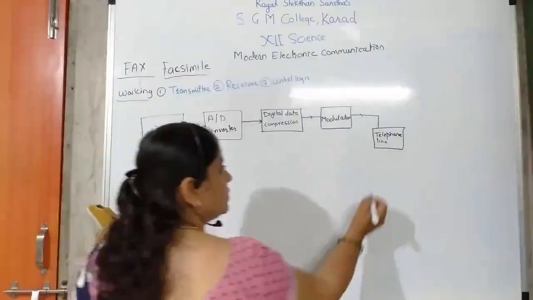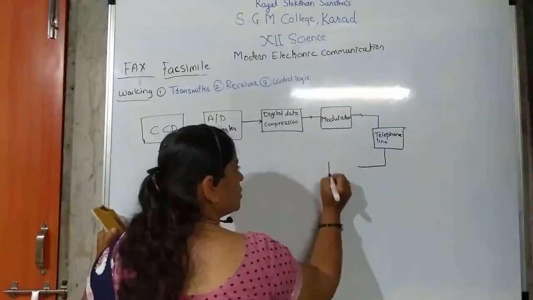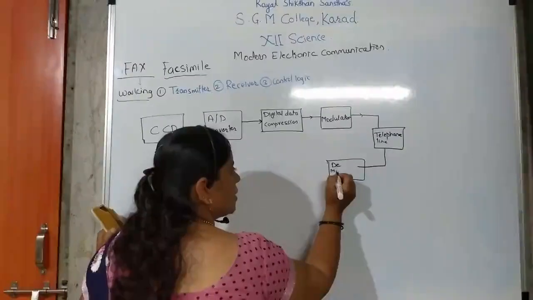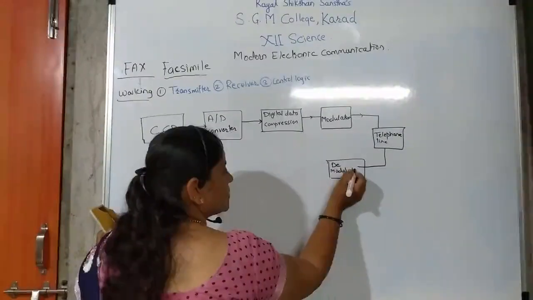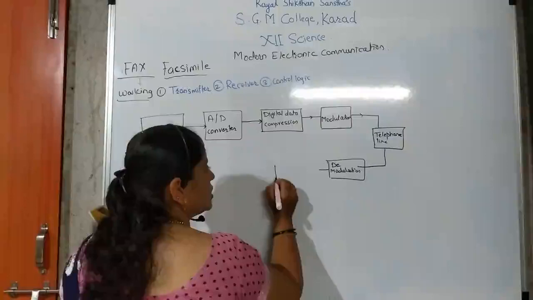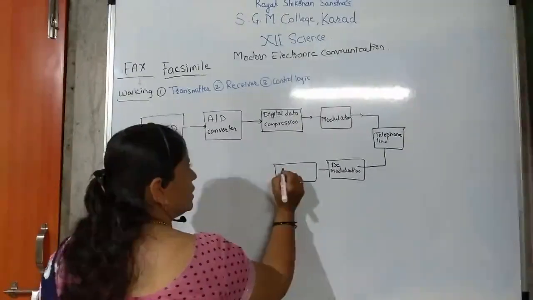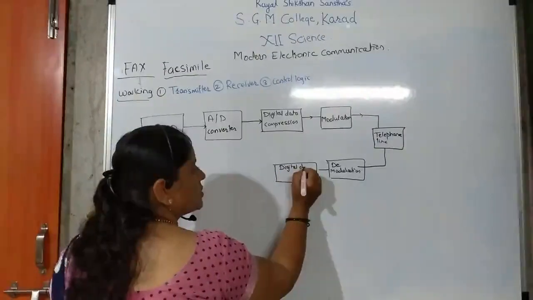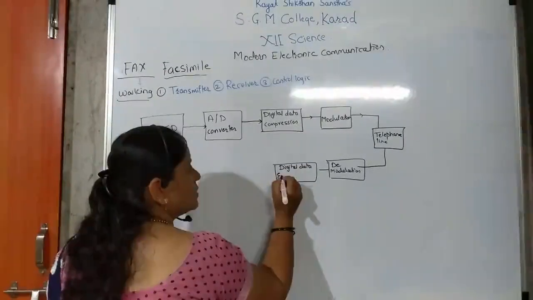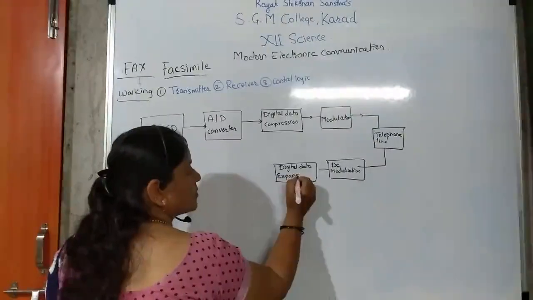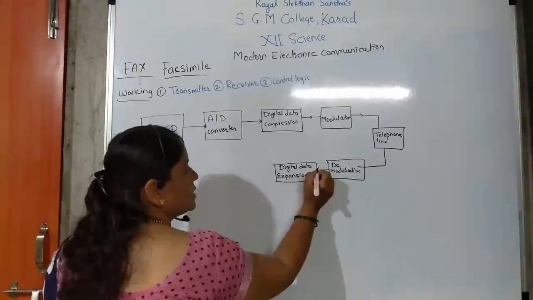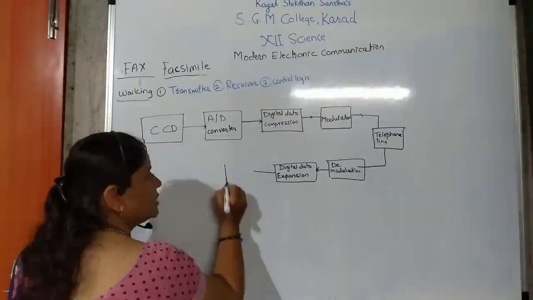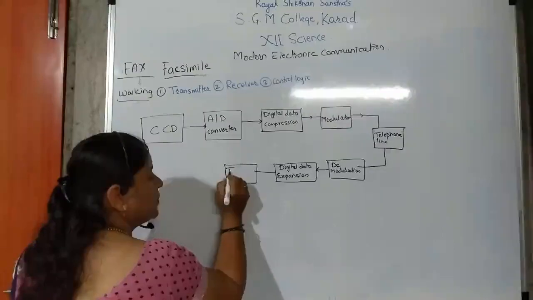And that telephone line is again connected to demodulation, and that demodulation is connected to digital data expansion, and that digital data expansion is finally given to the thermal printer.